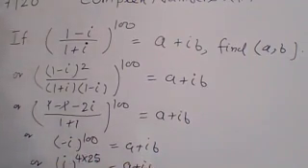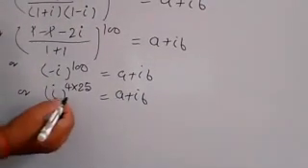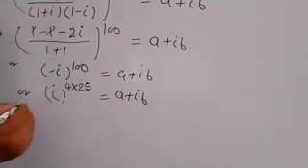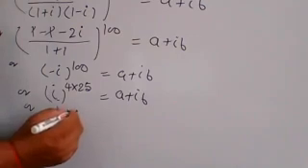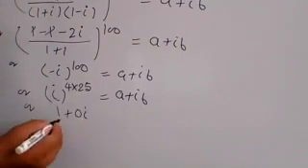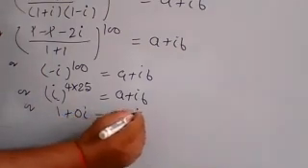And you know its value: i to the power 4 is equal to 1, and 1 to the power of any number is 1. So overall here you have 1 and there is no imaginary part. So you write 1 plus 0i is equal to a plus ib.